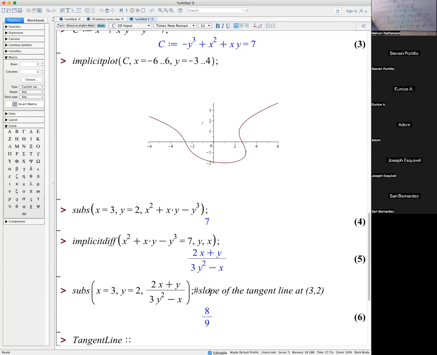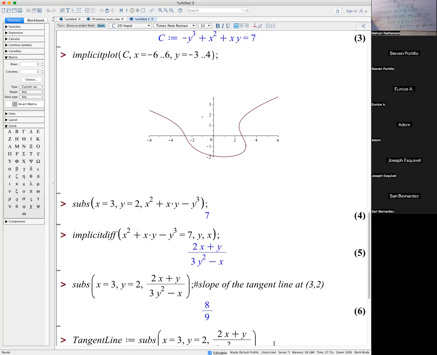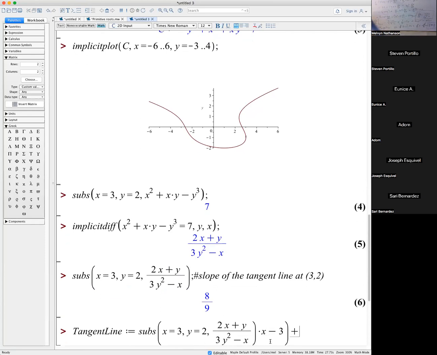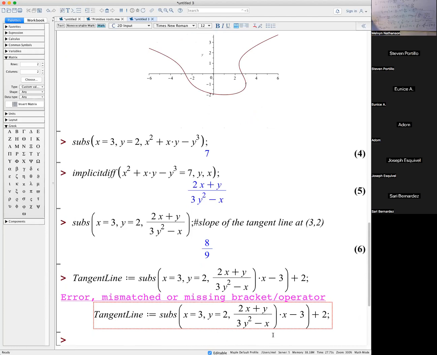The tangent line is given by this number times x minus 3 plus 2.